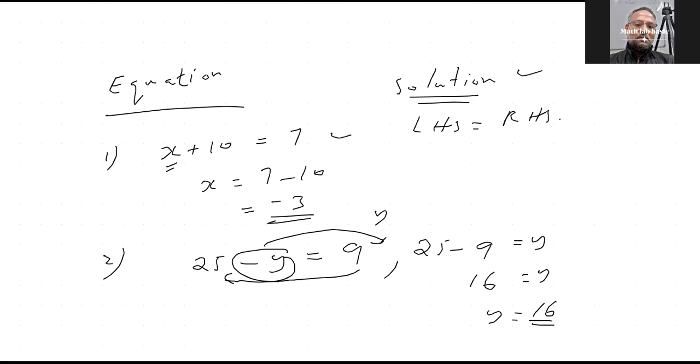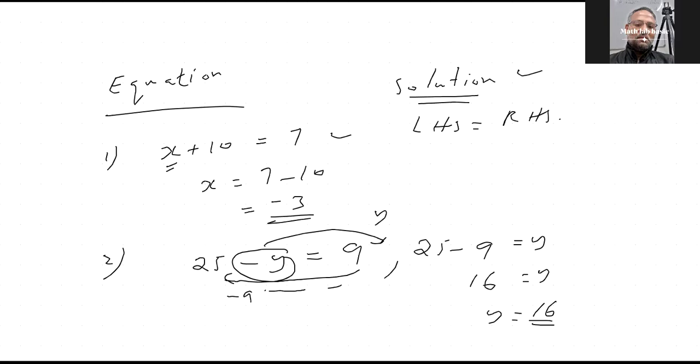Here one term is transposed, here it is minus 9, there 9 is coming with a minus. Transposing means sending one term from one side of an equation to the other side by changing the sign. That is transposing. Correct?